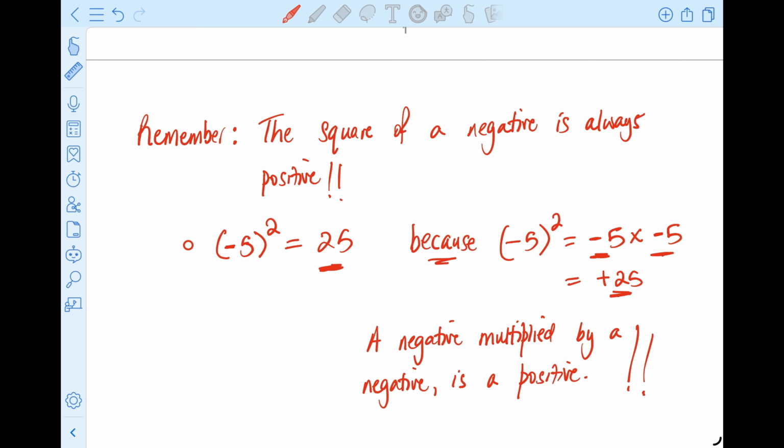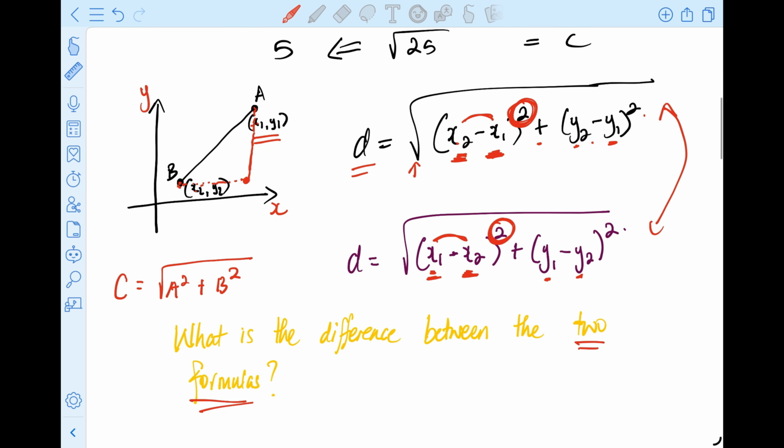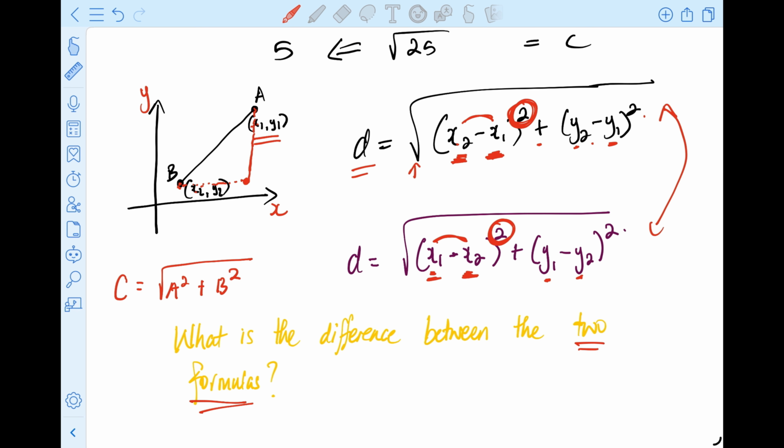This is just something to remember. And remembering this is what's going to help you understand that if I do x2 minus x1 and square it, I'm going to get the same answer as if I do x1 minus x2 and square it, right? I'm going to do a few examples, and so you'll get to really see what I'm talking about. So let's move on to that section right now.